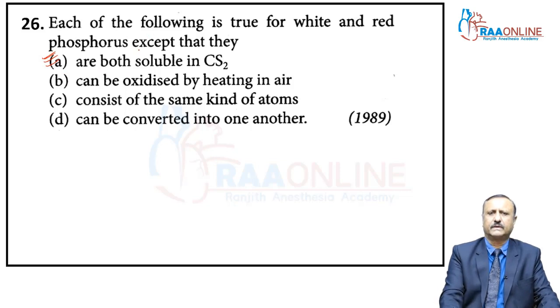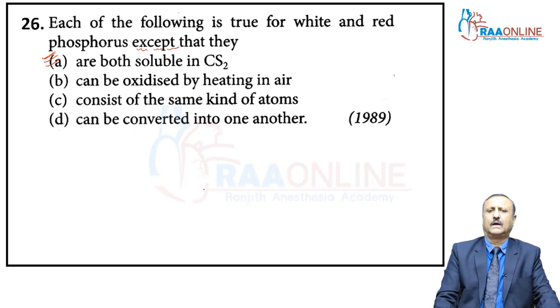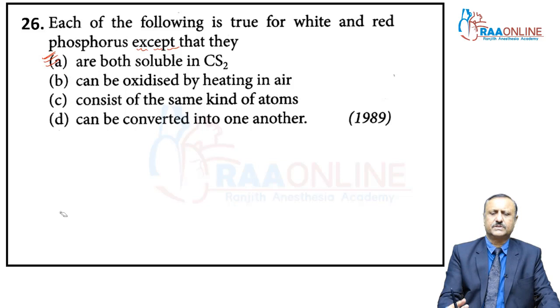This is the exception, because the question is 'except'. When you see option B, can be oxidized by heating in air: yes, both form P2O5 or P2O3. Option C, consists of the same kind of atoms: yes, phosphorus atoms are present.